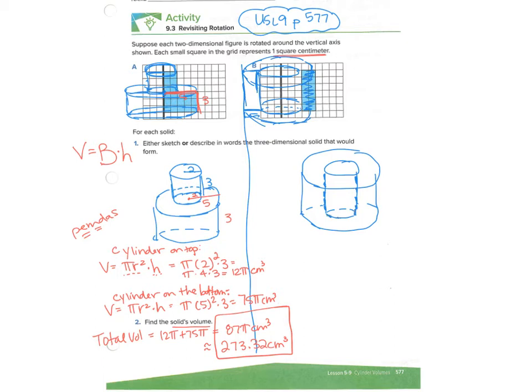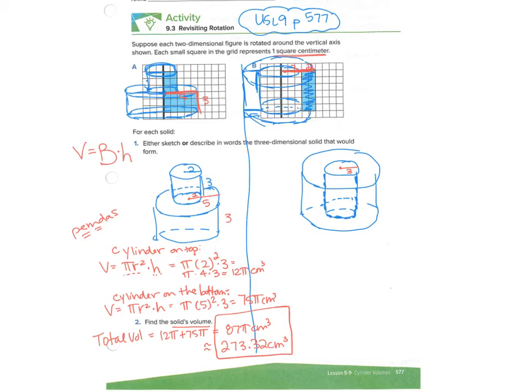And so that's my hollow part inside, and then I've got my outside part. So my inside part, if I count, it looks like this is 3 squares. So it looks like the radius would be 3, or total distance is 6 all the way across.